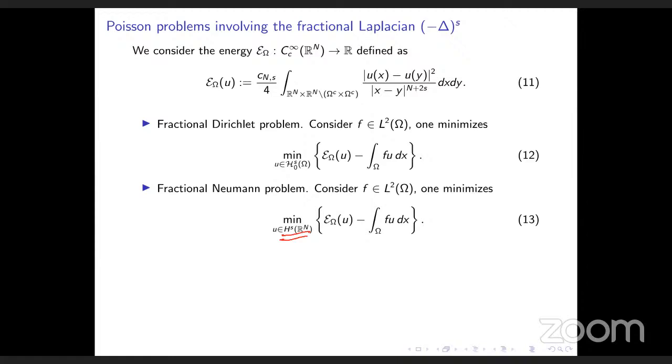Then the two problems are different, but in a sense we can see this one as the classical Dirichlet problem and the other one as a classical Neumann problem. And in fact, this is the case because if you look at the energy and send s to 1, we recover the classical Dirichlet problem, which we introduced in the first slides, and also the Neumann problem as we introduced it in the first slides.